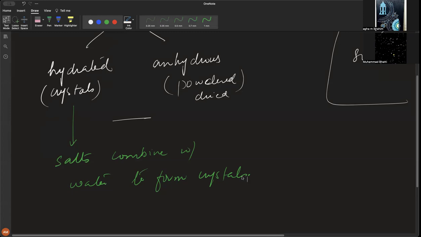Why? When you put it out to cool, the water is evaporating.